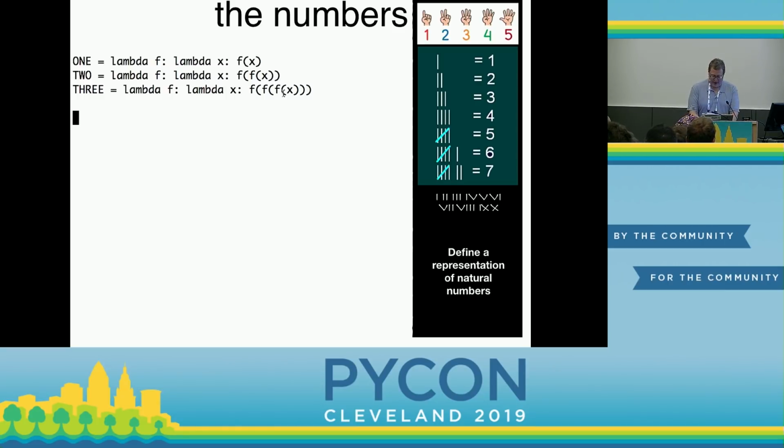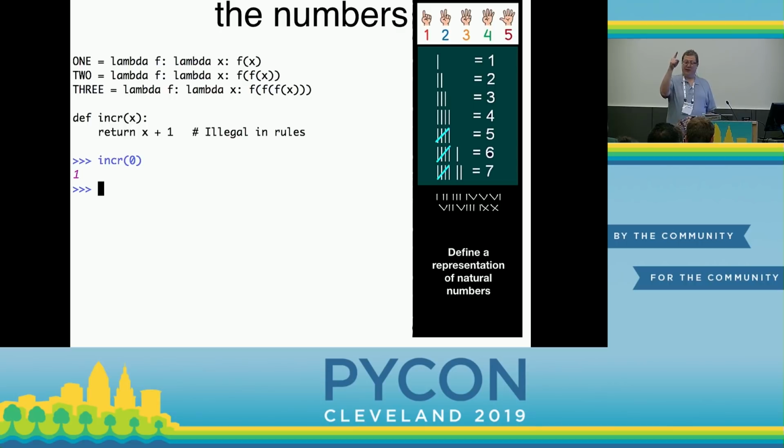Let me show you an example. Let's say you had a function increment. Again, this is not allowed in our rules, so this is purely for demonstration purposes. Basically, if I said incr of 0, that's like the number 1. I did incr 1 time. If I did incr of incr of 0, that's 2 times.